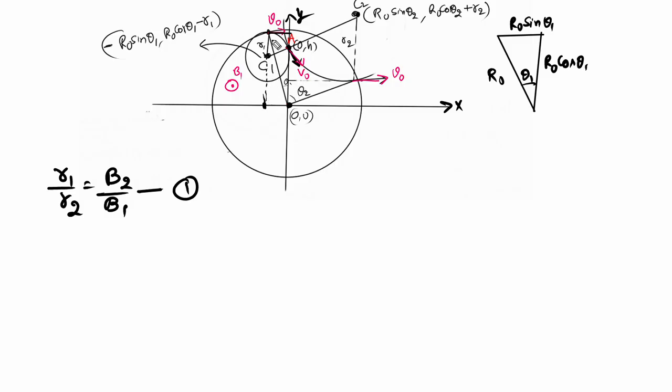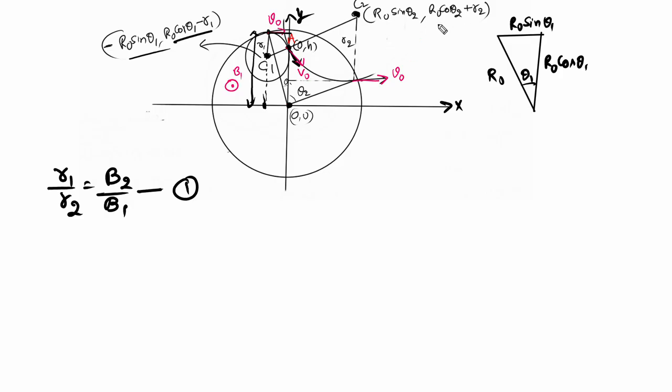The y coordinate is from here to here. This length is basically this total length minus R1. So this total length is nothing but R0 cos theta 1, minus R1. That is our y coordinate, so we got the coordinates of C1.